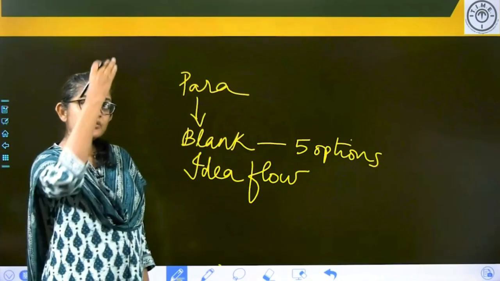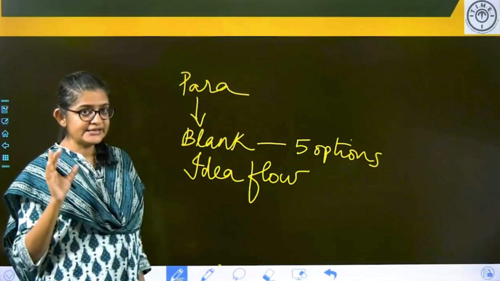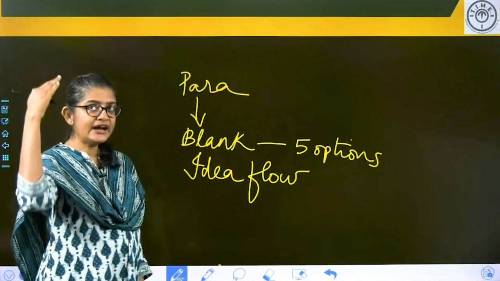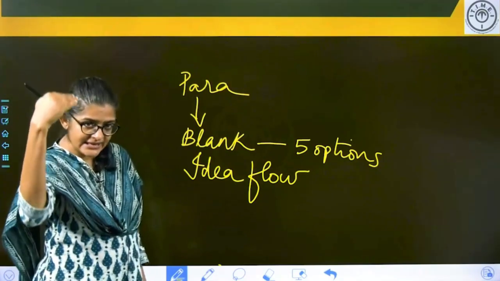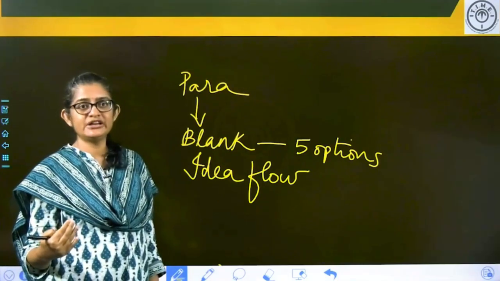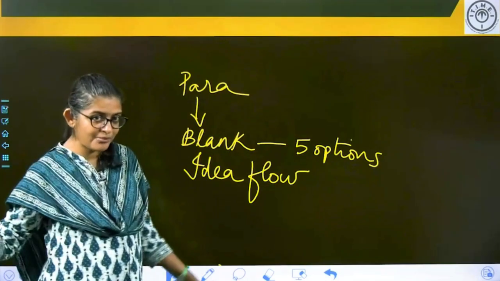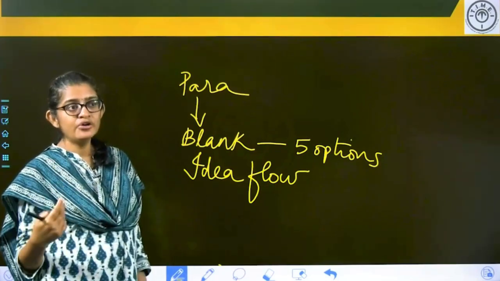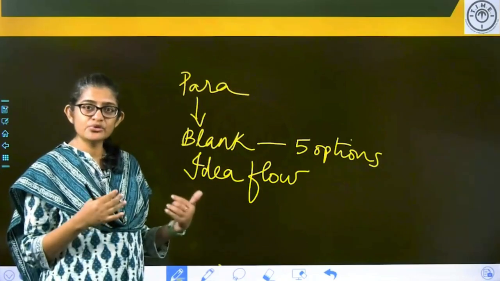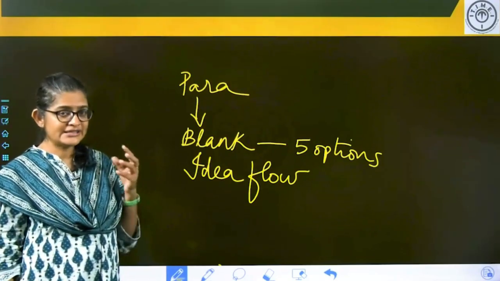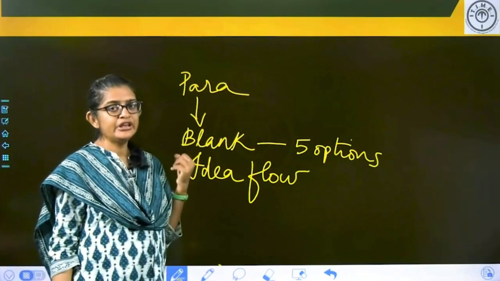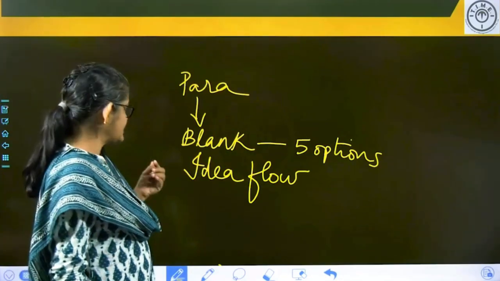So, how is the flow of ideas in this para? Is it starting from a general sentence and going more and more specific, or is it starting with a specific example and then getting more and more general, right? Or what is it about, what is the tone of the author? All these things you need to understand in order to pick the right sentence.